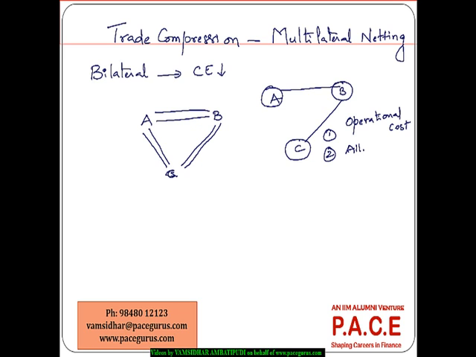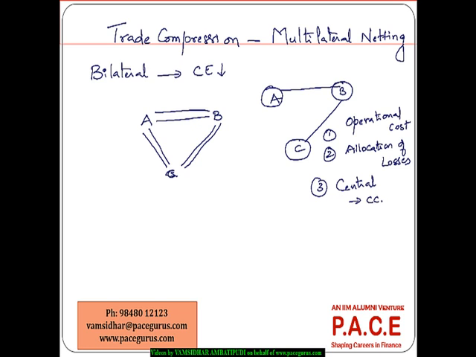Right? So that's a very challenging thing in the multilateral netting process. How do I allocate the losses if one of the counterparties is going to default? Which means there should be at least one organization which should act as a central counterparty which can take care of the entire multilateral netting.